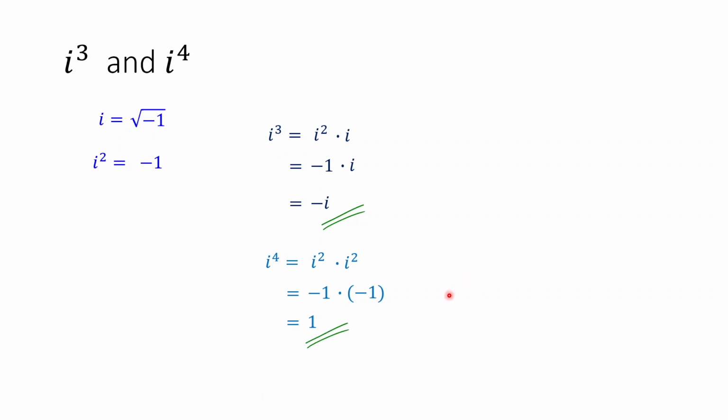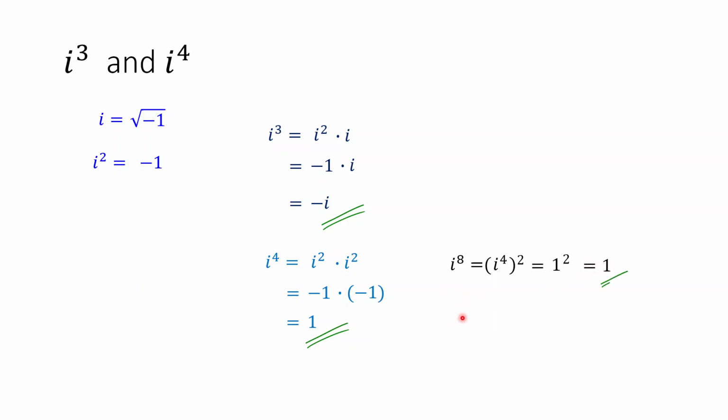Now let us find i to the 8th power. I to the 8th power can be written as i to the 4th, squared, because 4 times 2 is 8. This i to the 4th is 1, so 1 squared equals 1.